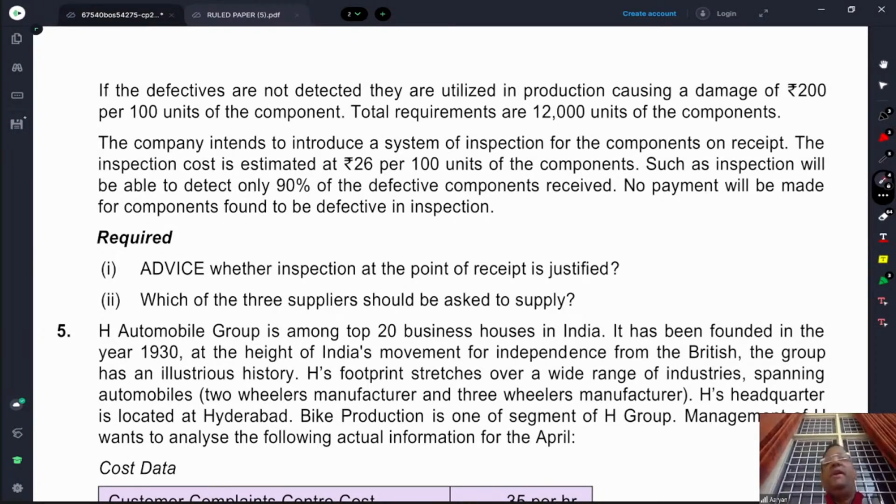So I'm giving you complete 3 to 4 minutes to think on your own. No need to solve anything. Just develop the structure part, how you will decide whether inspection. And once you have decided, then think what are the points that will be covered in each scenario, what are the calculations that need to be done. Okay beta, so I'm giving you 3 to 4 minutes to have a draft of the structure of this particular solution. Then we will discuss what will be the structure and what will be the final answer.